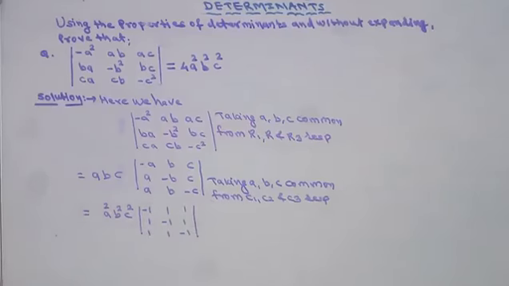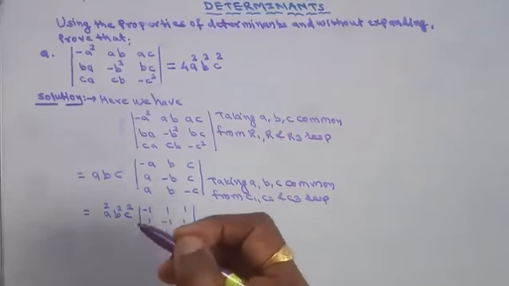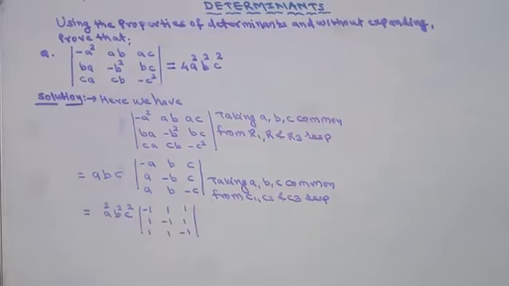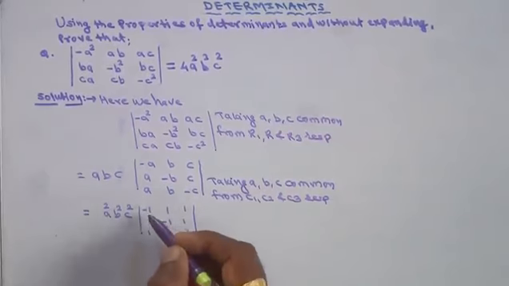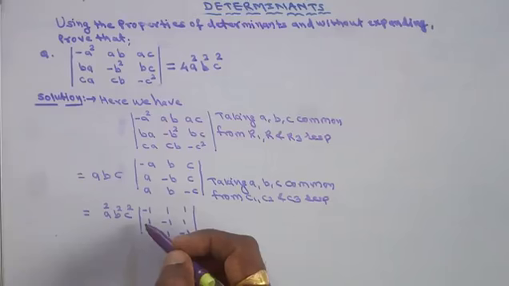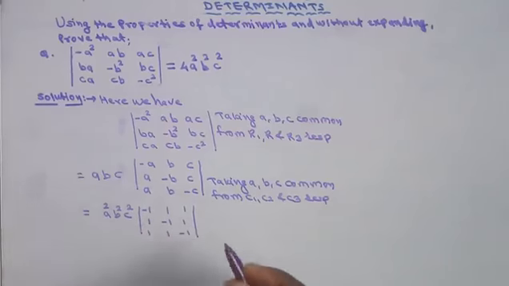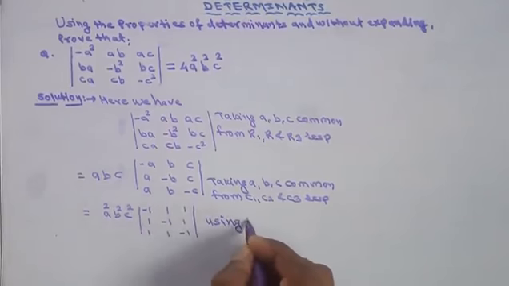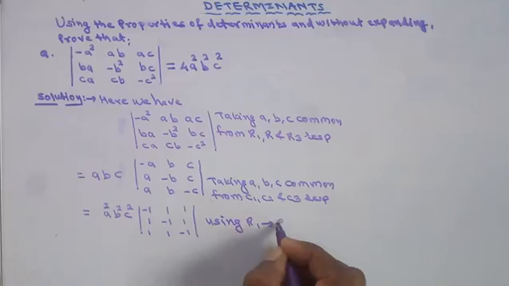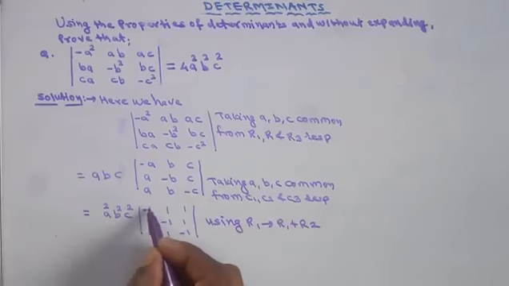Now I can use row operations also, so that I will get zeros here. You see here minus 1 plus 1 becomes 0. So I am writing r1 as r1 plus r2. Here minus 1 plus 1 becomes 0, 1 and minus 1 becomes 0.